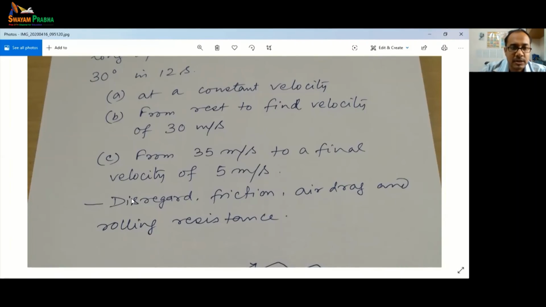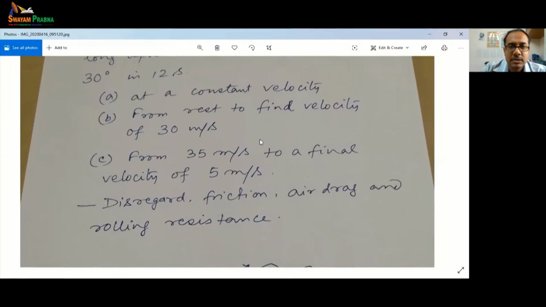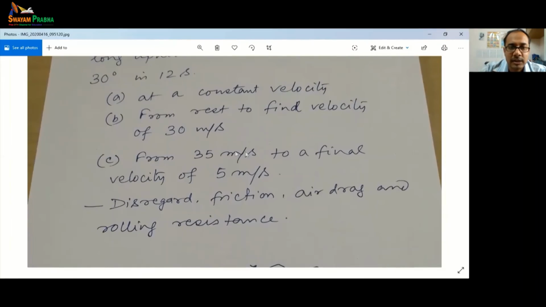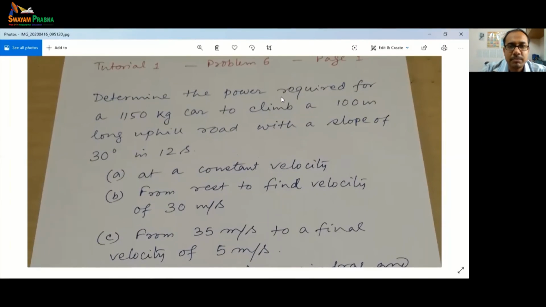And case C, when the speed comes down from 30 meters per second to a final velocity of 5 meters per second. So basically one is at constant velocity, the second is when the car is accelerating against gravity, and the third is when the car is decelerating. In all these cases, what we need to find is the power required.